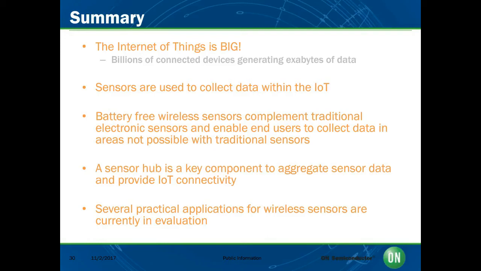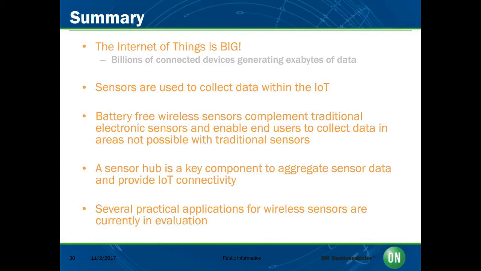So in summary, just to recap what I talked about, the Internet of Things is big. There are billions of connected devices generating exabytes of data, and regardless of the absolute numbers, it has a tremendous growth rate projected for it. Sensors are used to collect the data for the IoT out at the edge.